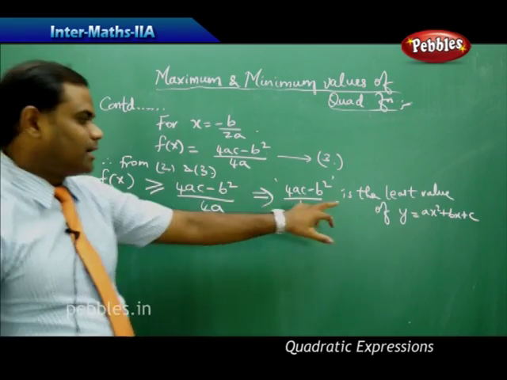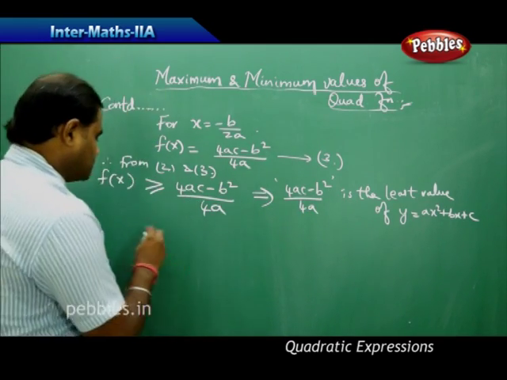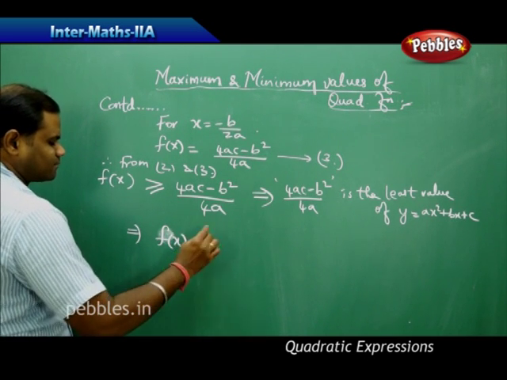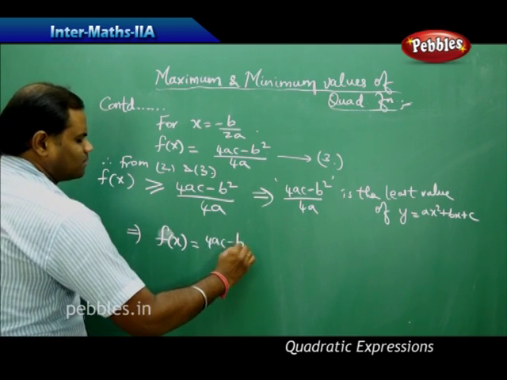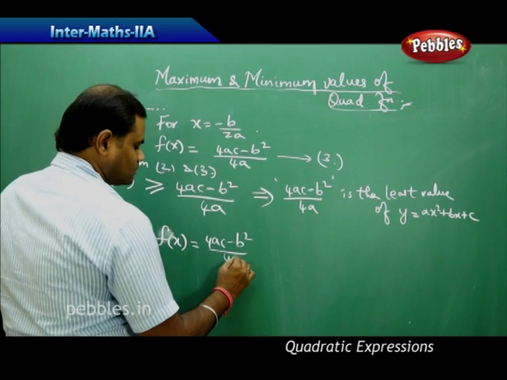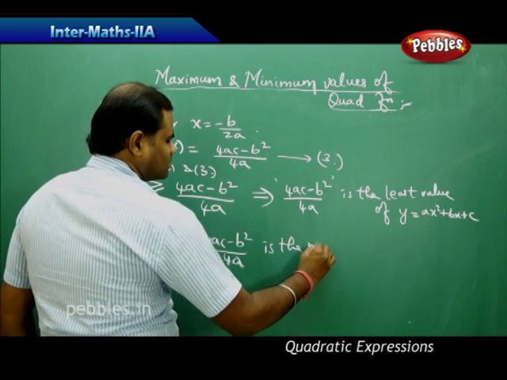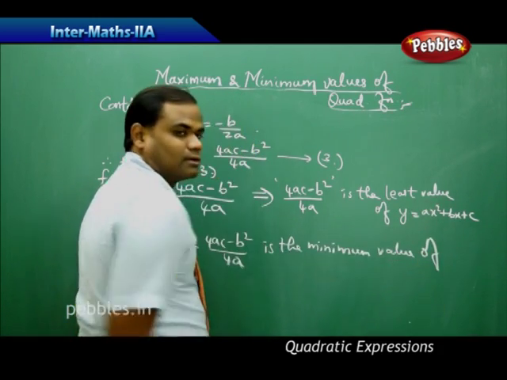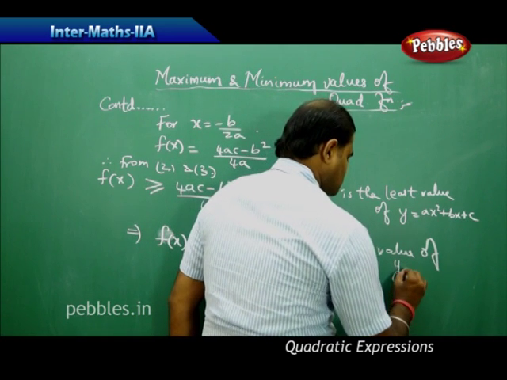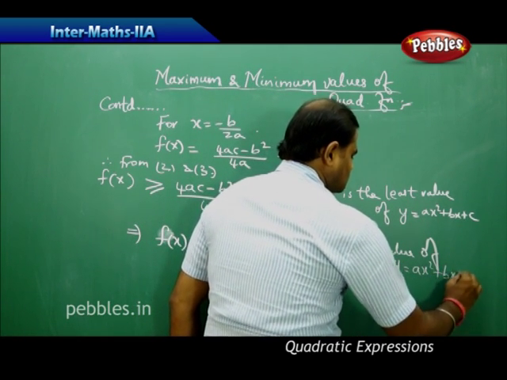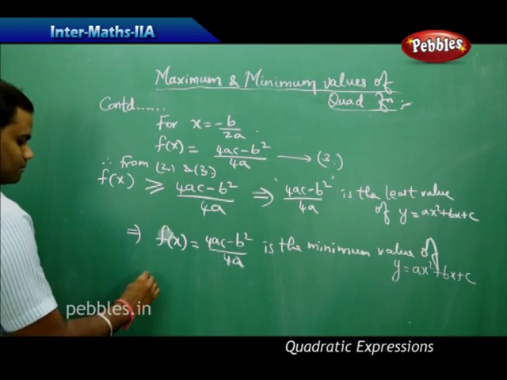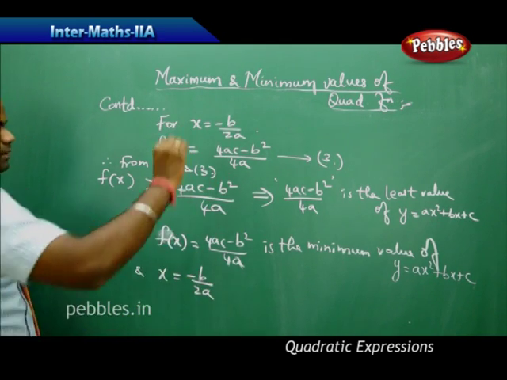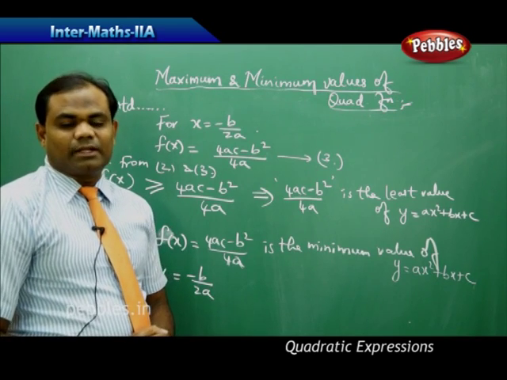This is the least, and hence this is the minimum value, which proves that f of x equal to 4ac minus b squared by 4a is the minimum value of the function, and it is minimum at x equal to minus b by 2a.